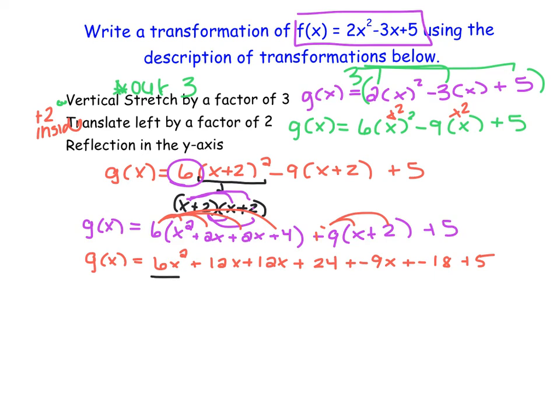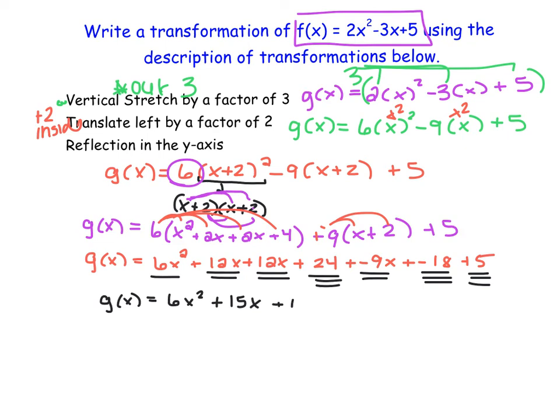So first we notice that there's only one set of x squared, so we're going to leave that as is. So that becomes 6x squared. Then these 12x's combine together to become 24x, and 24x plus a negative 9x is plus 15x. And then I have 24 and a minus 18, which become 6, and 6 plus 5 is 11.